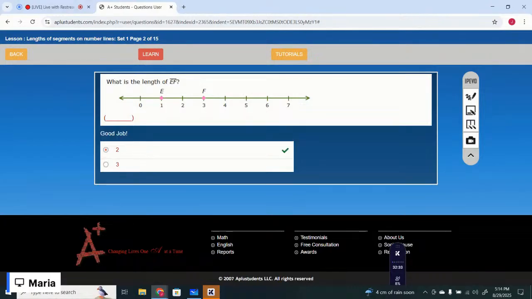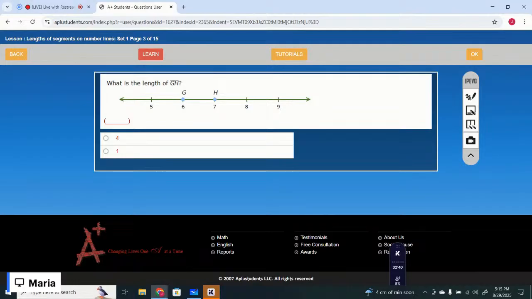Option number 1 is correct. What is the length of GH? 7 minus 6 equals 1. Option number 2.